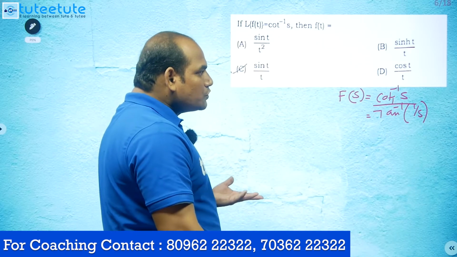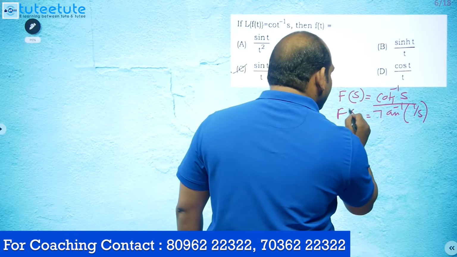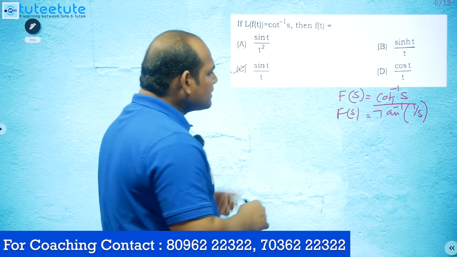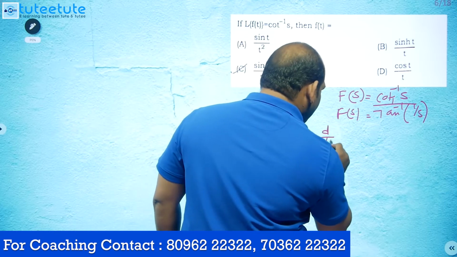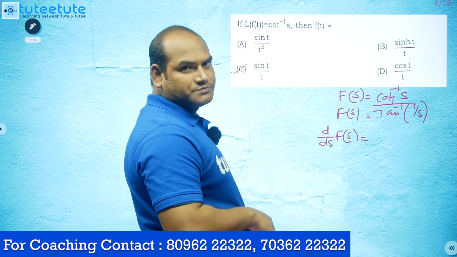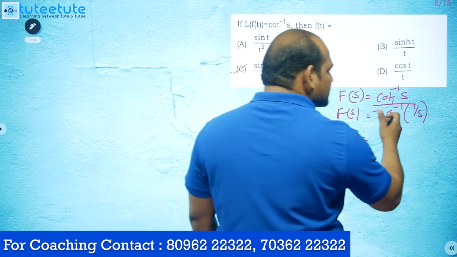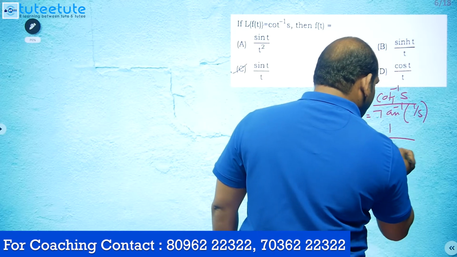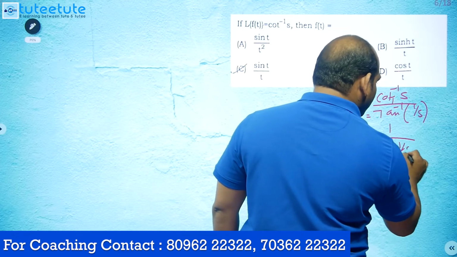Then what we need to do, we can calculate f of t by using the property called the differential property. The differential property is d by ds of F of s, and this one has to be differentiated. So the derivative of tan inverse of 1 by s is, we know that 1 by 1 plus x square, that is nothing but 1 by 1 plus 1 by s square.